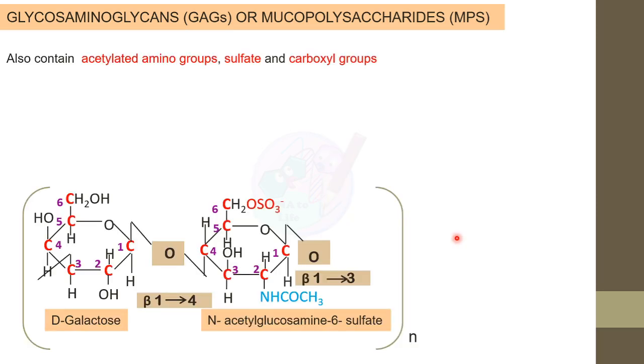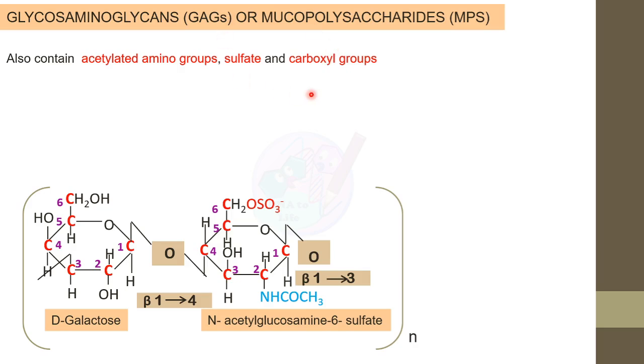They also contain an acetylated amine group, like at this second position this amine group is acetylated. Some contain sulfate, like here this sulfate group is present, and carboxylic group, which we talked about in glucuronate and iduronate.